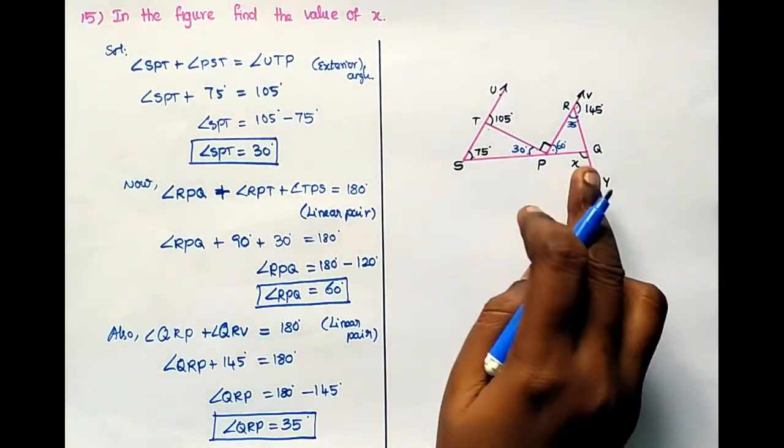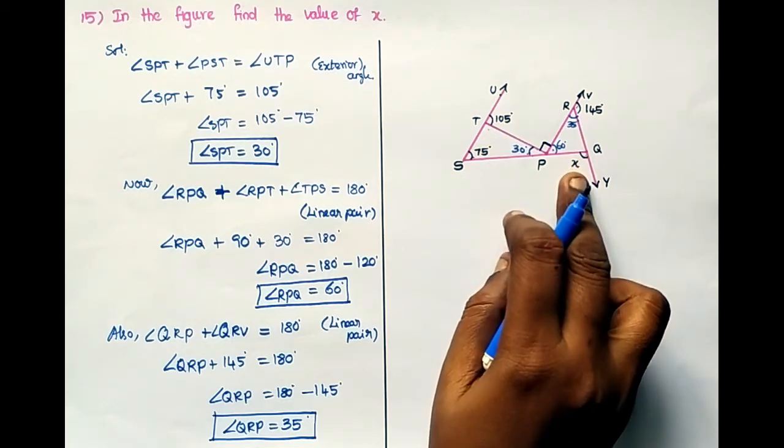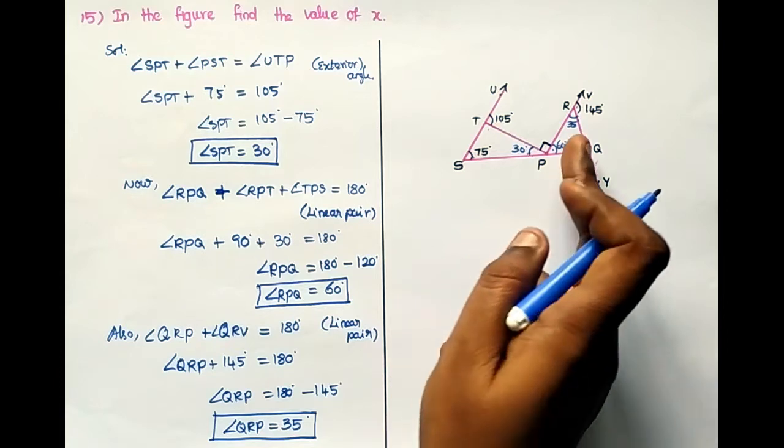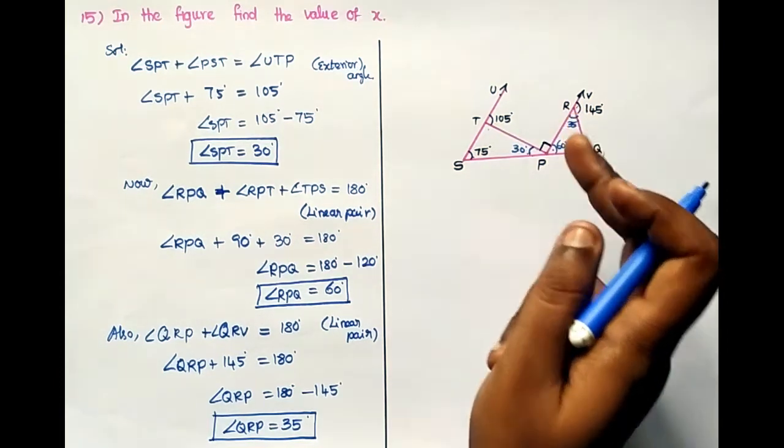Now what we have to do? X angle we want to find out, that is exterior angle of these interior angles.